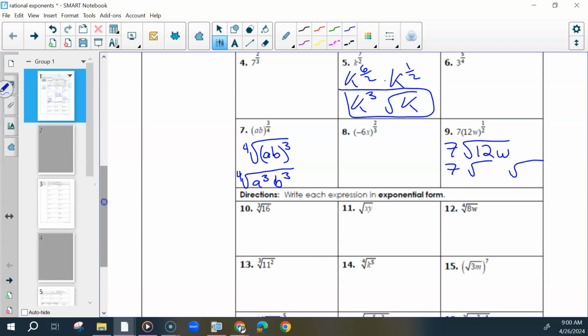It's going to end up being 2, but what perfect square could we multiply to get 12? 3 and 4. And since there's not another w, that w is going to stay in, so I'm going to put that with 3. So we have 7 times 2 times the square root of 3w, which would give us 14 times the square root of 3w.